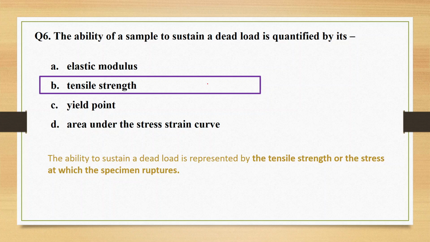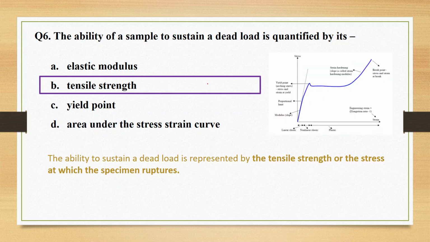But as many of you answered different things, let me explain it again, and what you are getting wrong in understanding this particular stress versus strain curve. So there are many points. The options are elastic modulus, tensile strain, yield point and area under the stress strain curve.